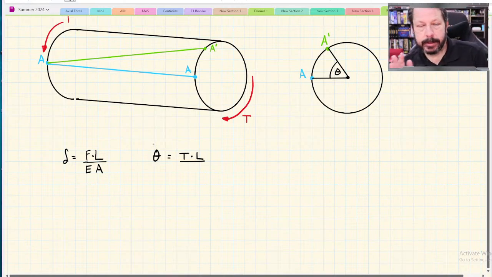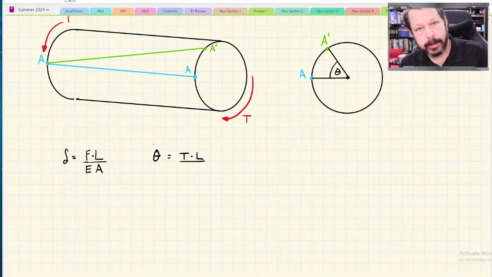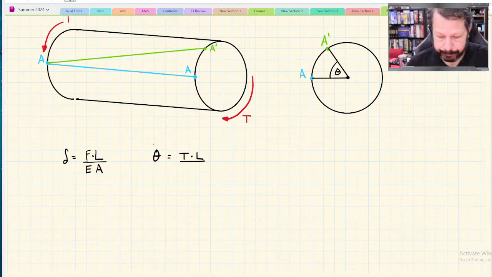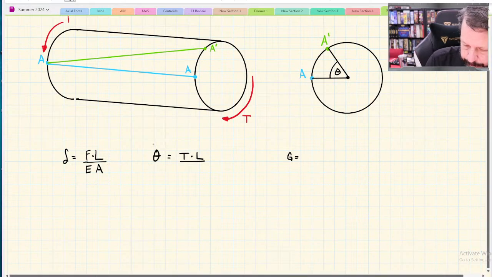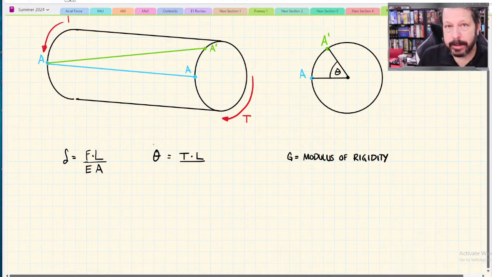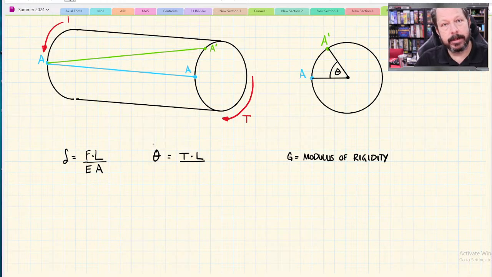E is the modulus of elasticity, the slope of our linear elastic region when we do a tensile test on a piece of material. There's a similar material property called modulus of rigidity. It's basically the same thing as E, except instead of doing a tensile test to figure out E, we did a torsion test.